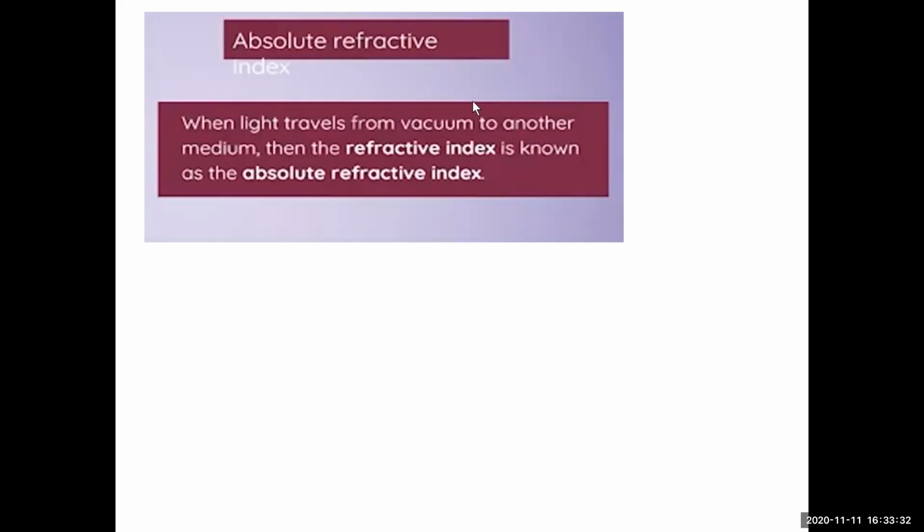Now, the refractive index is of two types. One is absolute refractive index and the other is relative refractive index. First we'll study the absolute refractive index. What is absolute refractive index? When the light ray travels from the vacuum to another medium, then the refractive index is known as the absolute refractive index.